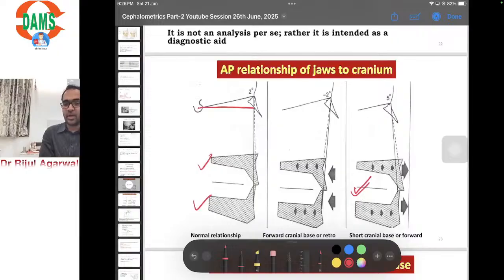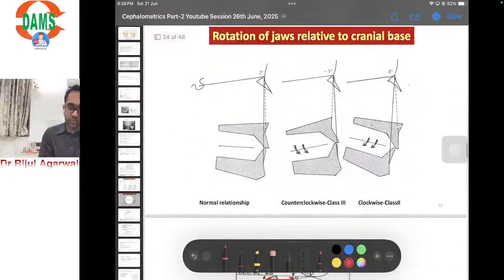For the same class 1 relation, the A and B value will change. So what happened? The SN plane has rotated because of the improper position, the bases have gone forward.